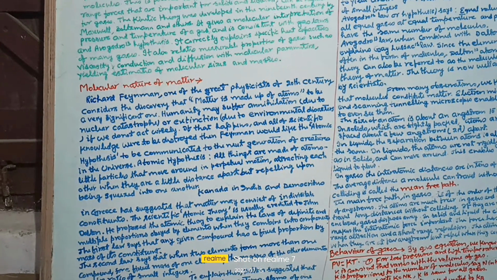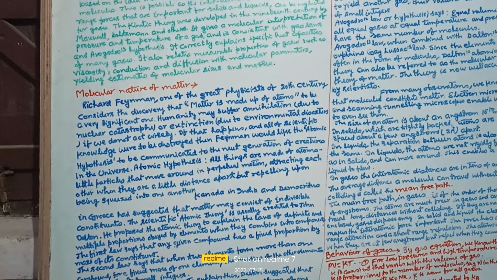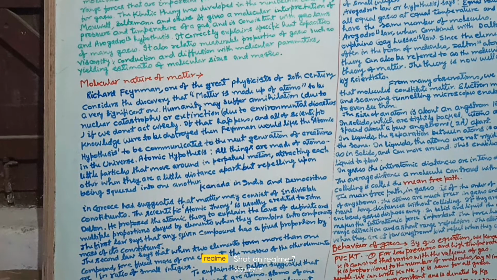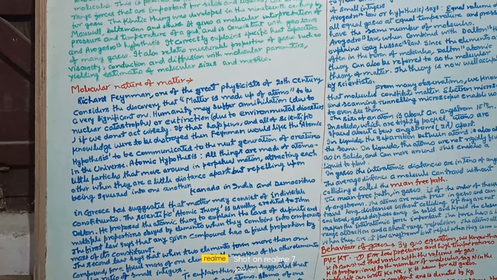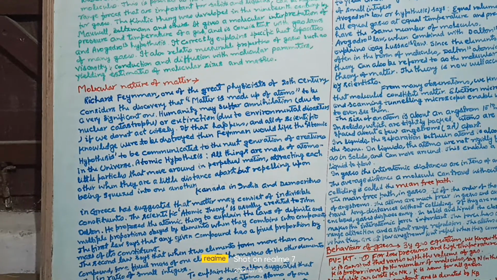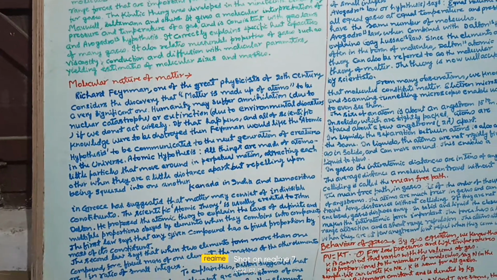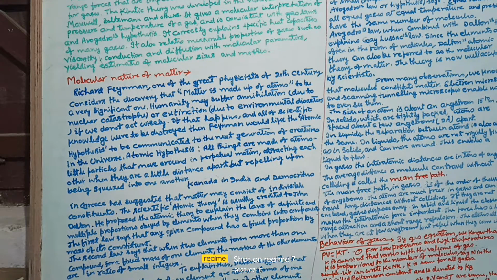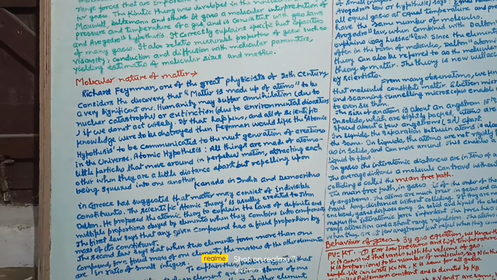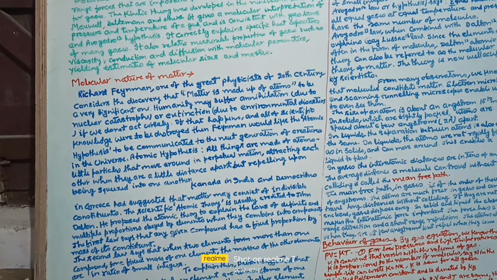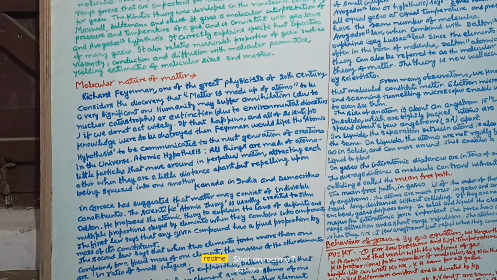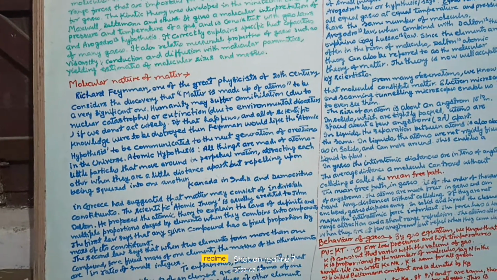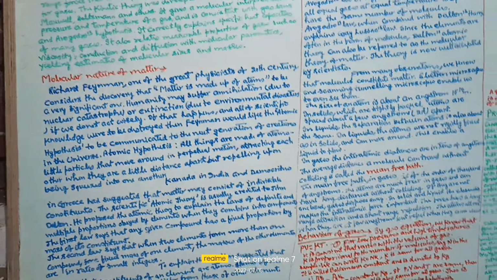The second law says that when two elements form more than one compound, for a fixed mass of one element, the masses of the other element are in the ratio of small integers. To explain this, Dalton suggested that the smallest constituents of an element are atoms. Atoms of one element are identical but differ from those of other elements.